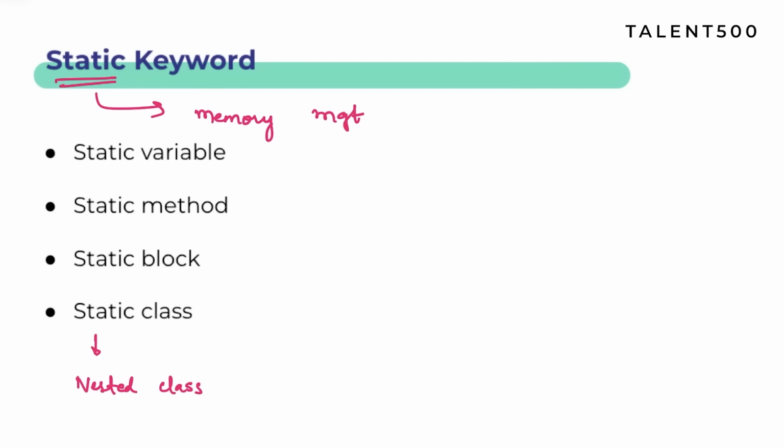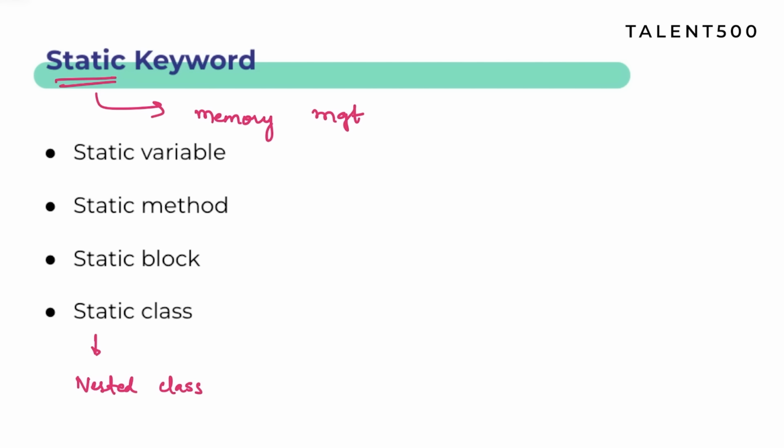Whenever we use a static keyword next to a variable, at that time we say it becomes a static variable. A static variable will get memory only once in the class area at the time of class loading, because like I said, it will maintain one copy throughout. One copy throughout means just allocate memory only once.